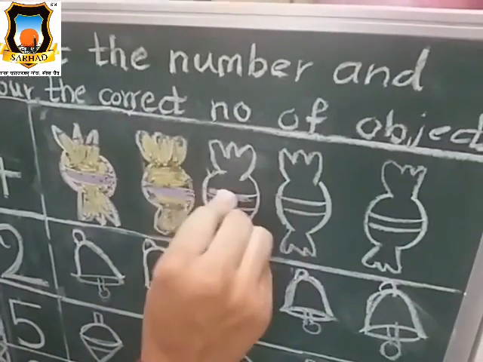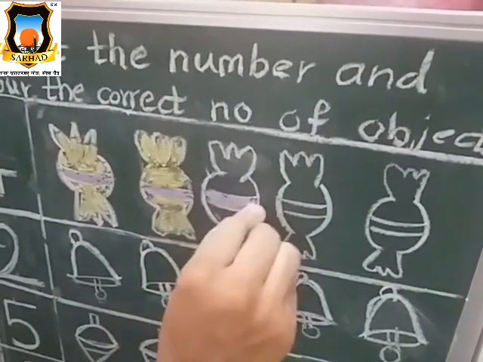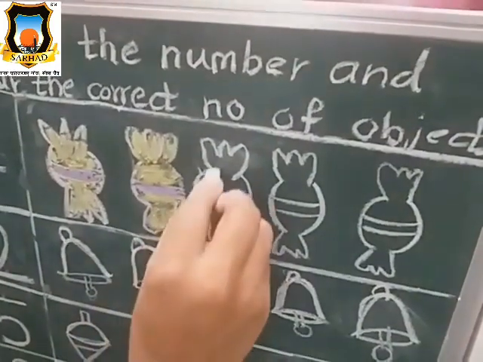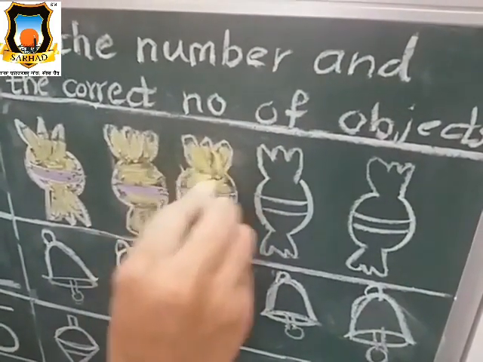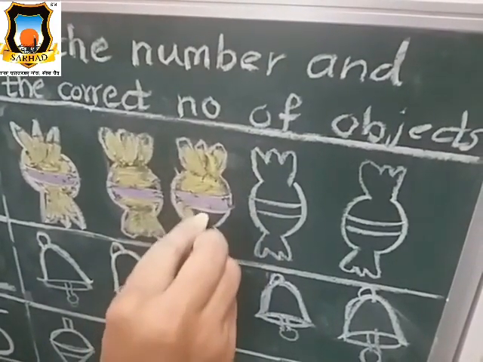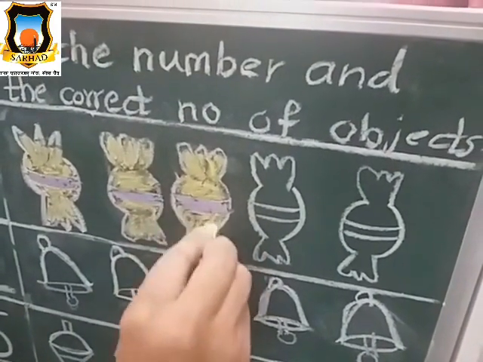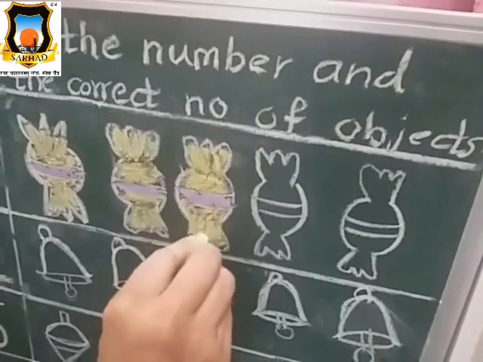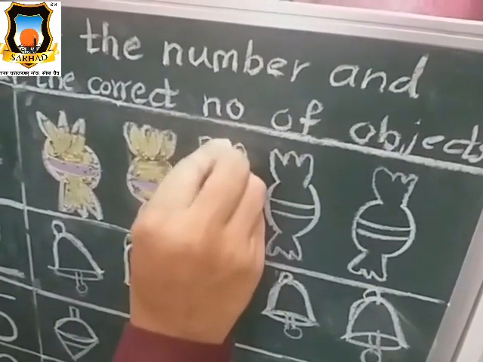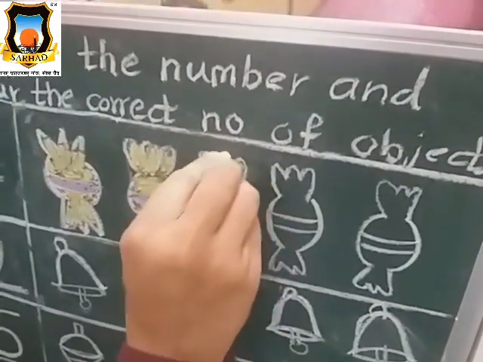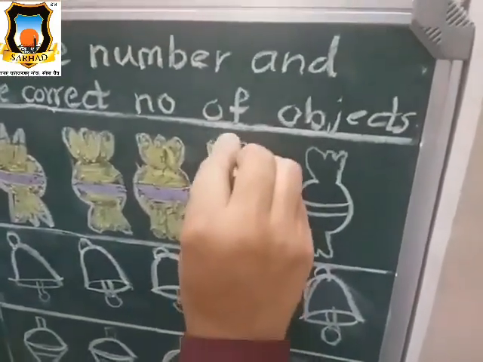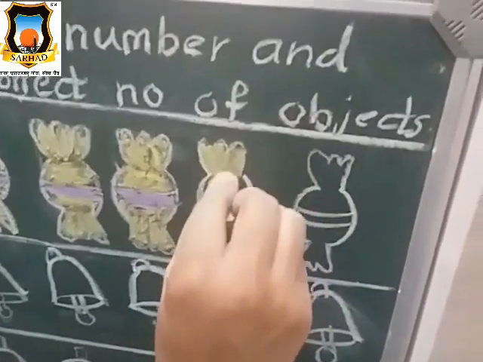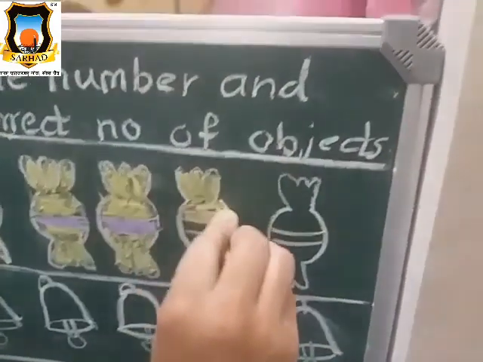Our next number is 3. You have to color it slowly. Don't go outside. Okay. Then after 3, what comes? 4.